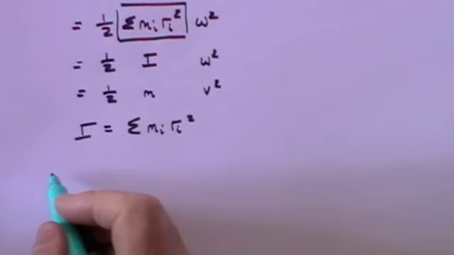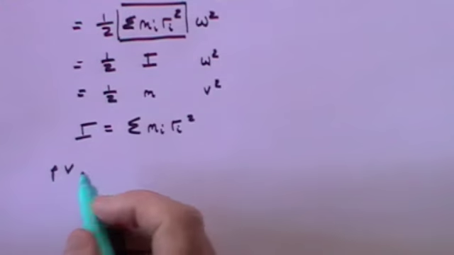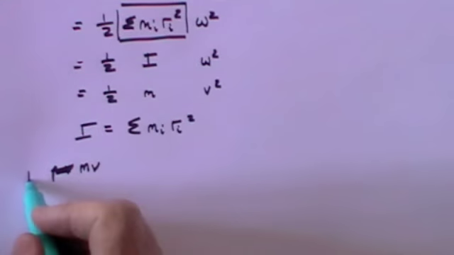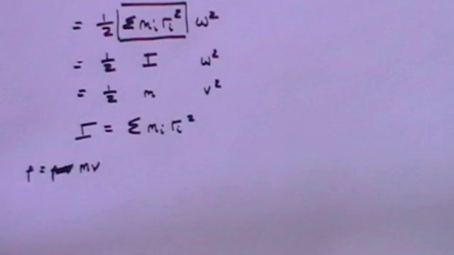We also wanted to find a rotational equivalent for momentum. Momentum is mass times velocity, and I should have said P is equal to mass times velocity. Is there then an equivalent in rotational terms? Well, yes.